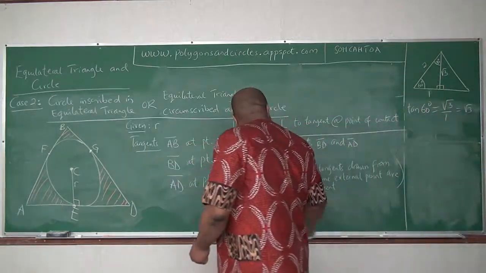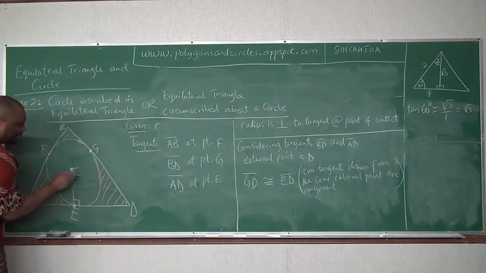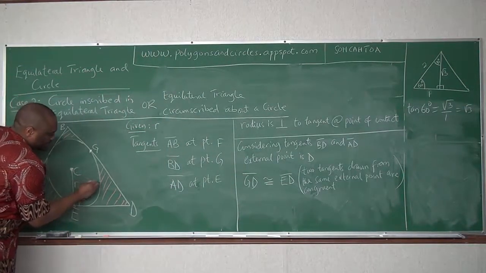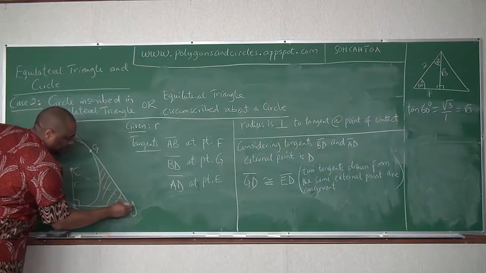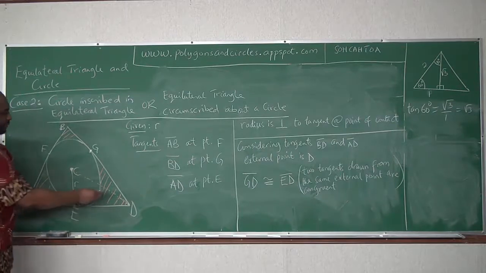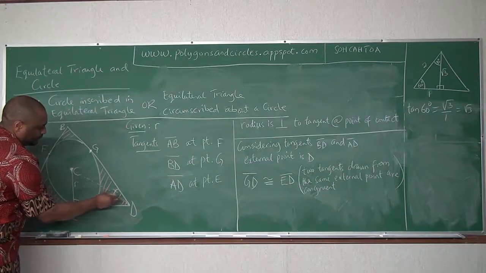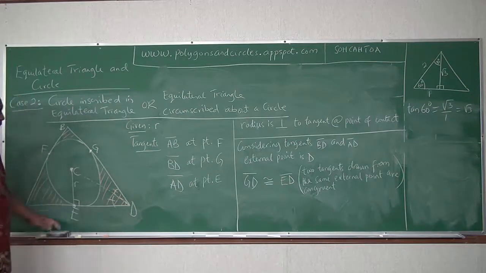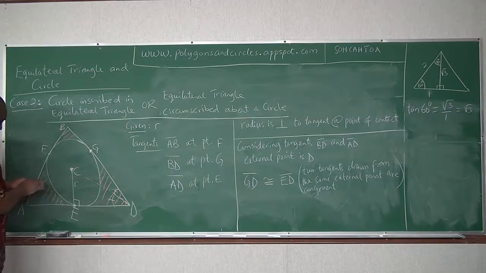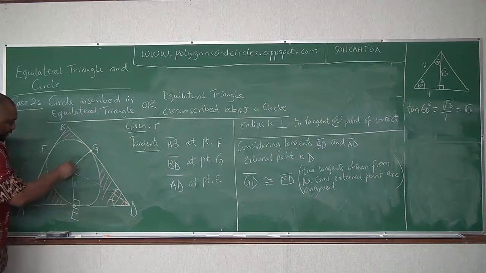Now number 3. If we draw a line to this here, it bisects this angle. It bisects the angle. It does. And also here, another one, because this is also the radius here.